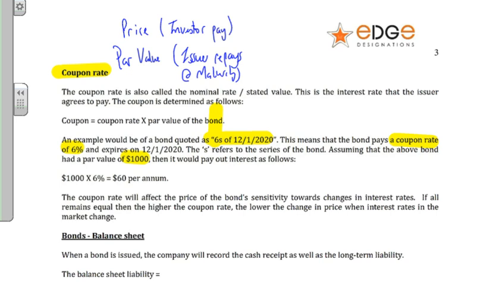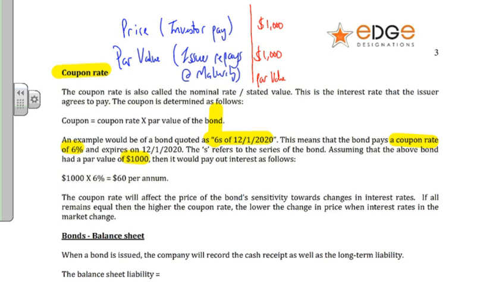Let's just say, for example, I'll give you 3 examples over here. If the price that the investor pays is $1,000, the amount that the issuer will repay at maturity is also $1,000. That's called a par value bond.